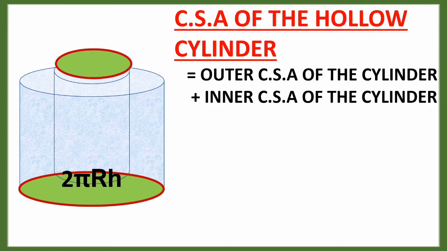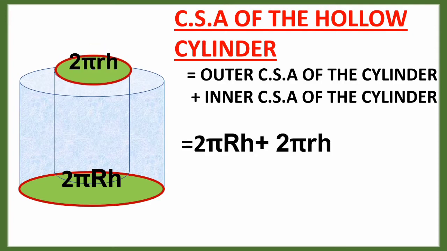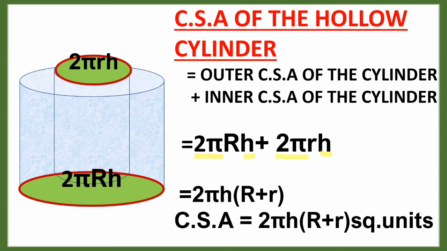So, the inner CSA equals 2 pi small r h. We have to add these two terms. 2 pi is common and h is also common. By writing 2 pi h as a common factor, we get 2 pi h (capital R plus small r). So, CSA of the hollow cylinder equals 2 pi h (R plus r) square units.